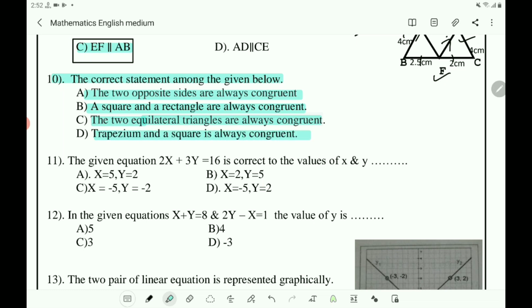Here we have to find the correct statement. Two opposite sides are always congruent, it is not clear. A square and rectangle are always congruent, it is not. Then the two equilateral triangles are always congruent. Trapezium and square are always congruent.